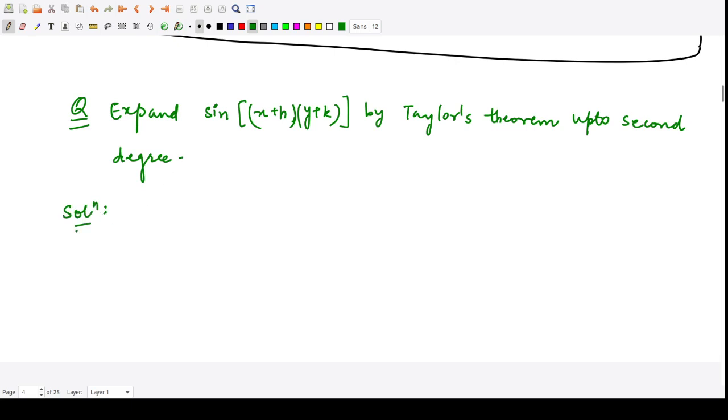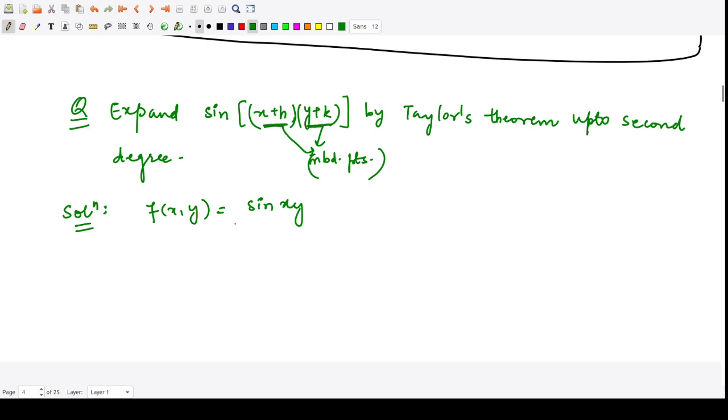So here our function is given to be sin(xy). Why? Because this h and k, they are the neighborhood points. So we have to evaluate this function at this point (x + h, y + k).